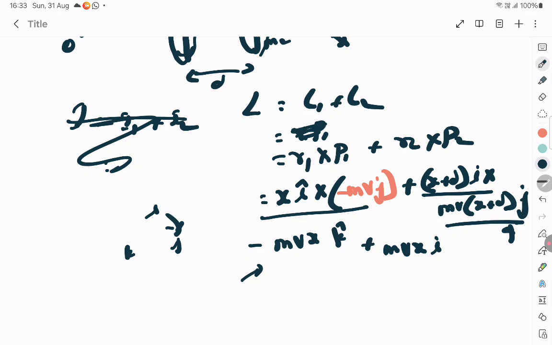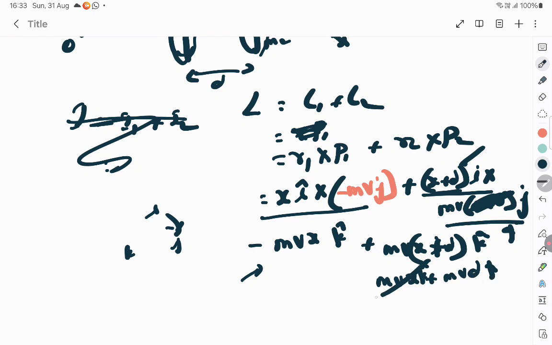Okay, look at this. The position vector, and then mass into velocity into j. There's no x plus d here, sorry. The position is here and mass into velocity into j. So mv into x plus d, and i cross j itself is k, so you can take it as mvx plus mvd with a k. So this and this will get cancelled. So your answer is mvd, with the positive k direction.